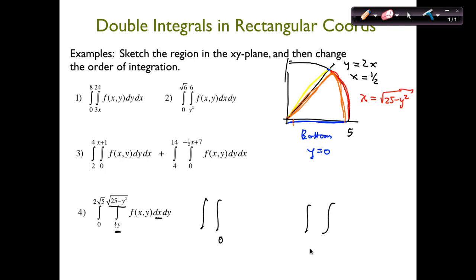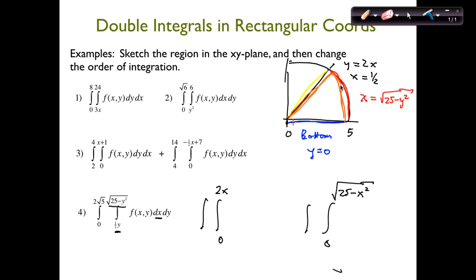Bottom's always 0. So what's the top of the first part? Y equals 2x. Top of the second part? Y equals the circle written in terms of x. When is the top from 0 to 2x?